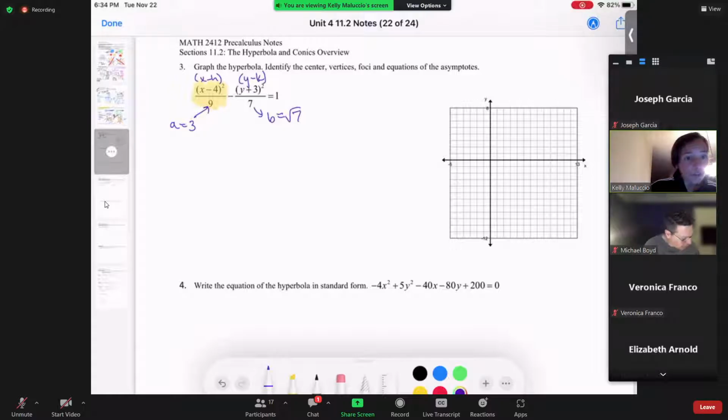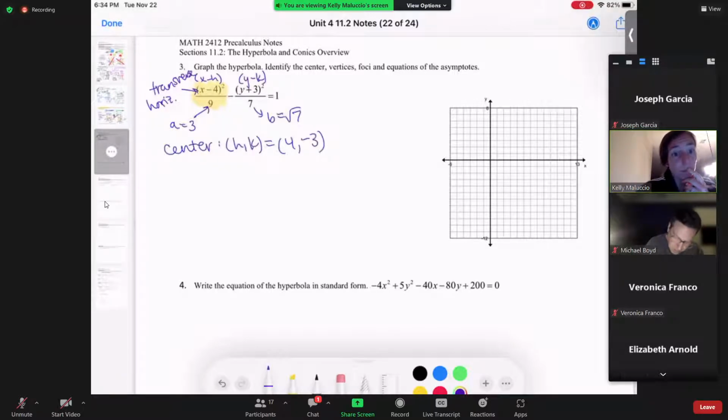But then we can also see, because of what I highlighted, the transverse is horizontal, right? And then A is 3, B is this, and then the center, which is HK: H is 4, and K is -3, because it's Y plus 3, right?